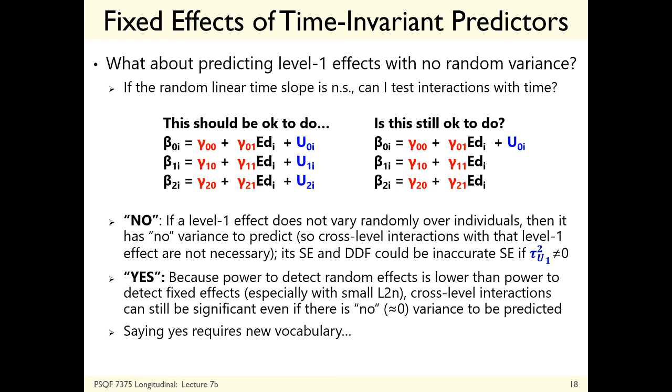So the order of operations is very important. Before you put in these cross-level interactions, you would always want to test whether the random slope variance they were supposed to predict should be there. Always build the random part first and then the stuff that's supposed to explain it. Otherwise, you may be at risk for higher type 1 errors.